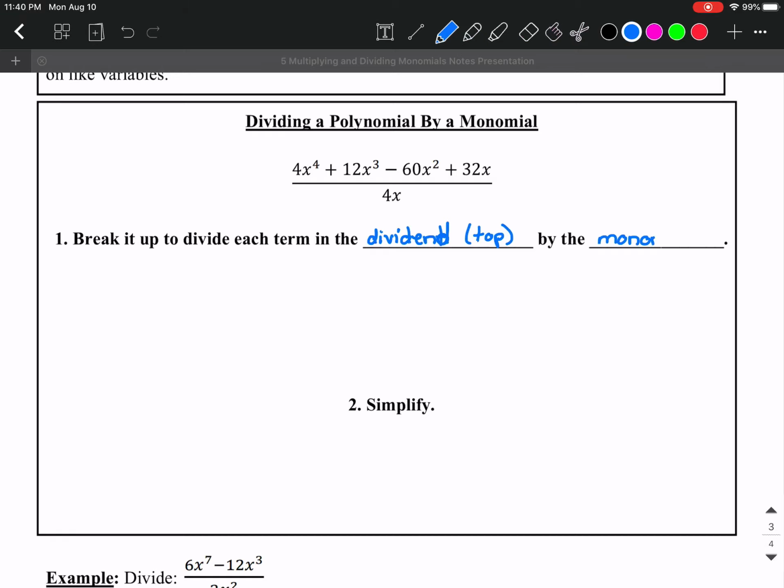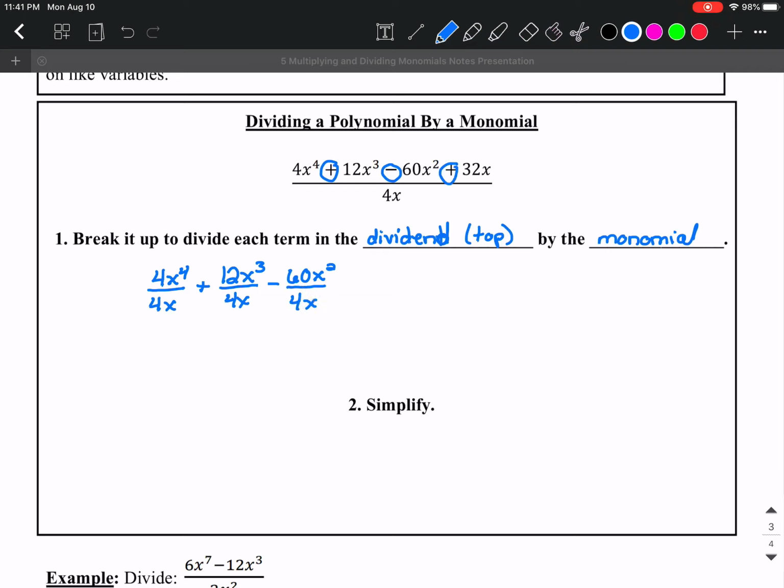in the bottom. Okay, so what we do is we take that 4x to the 4th and we divide by the bottom 4x. Plus, we keep the 12x cubed and we divide by 4x. Minus, we have 60x squared and we're going to divide by 4x again.